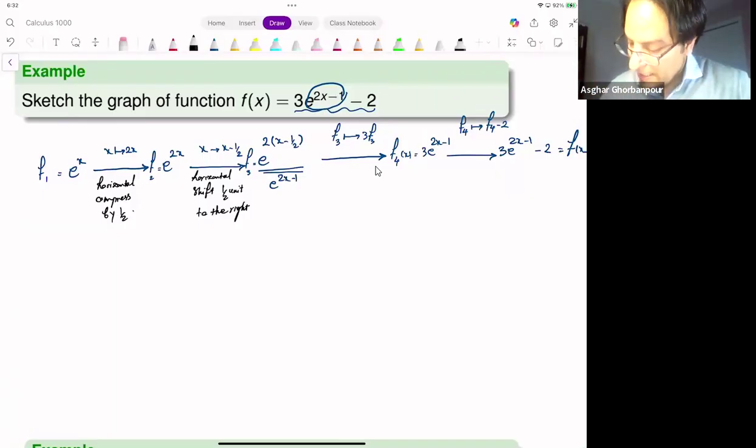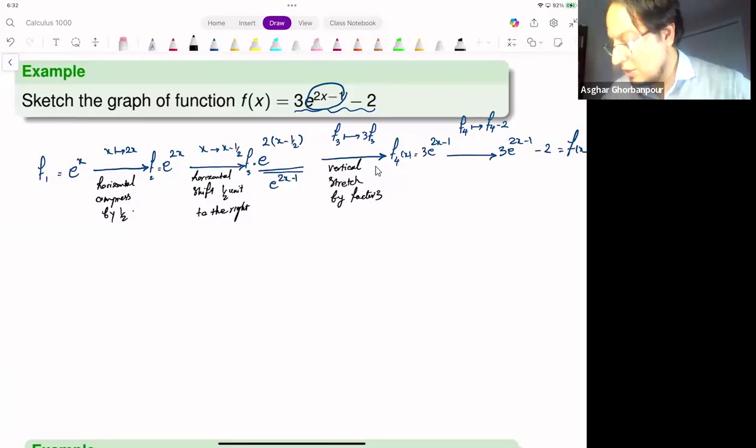Now, multiplying the function by 3, this is a vertical transformation, and here we are stretching by factor 3. And then at the end, I'm subtracting 2 from the whole function.